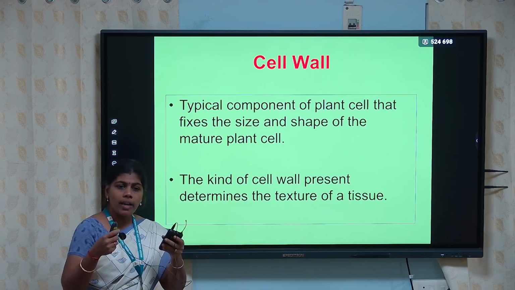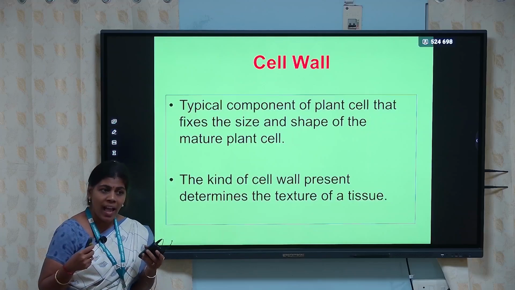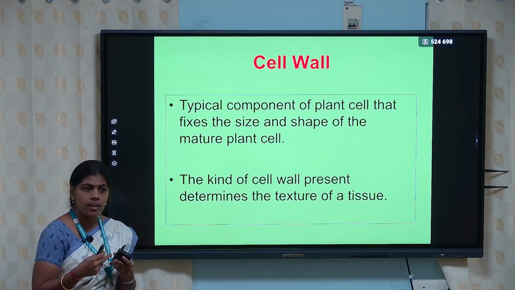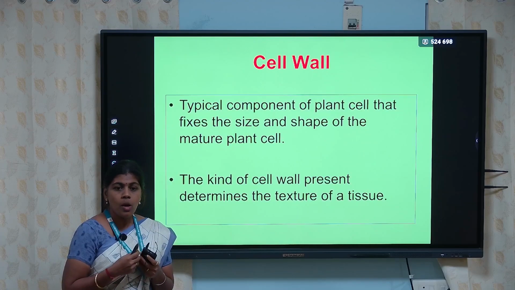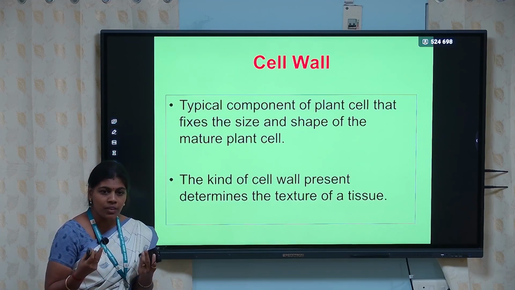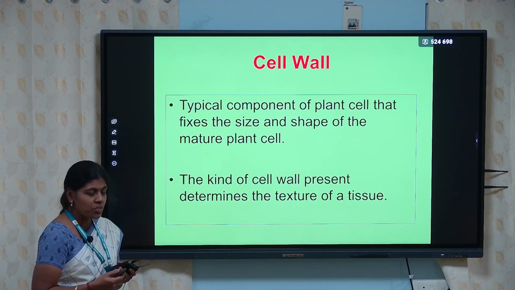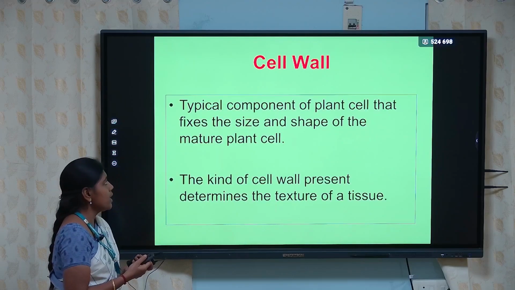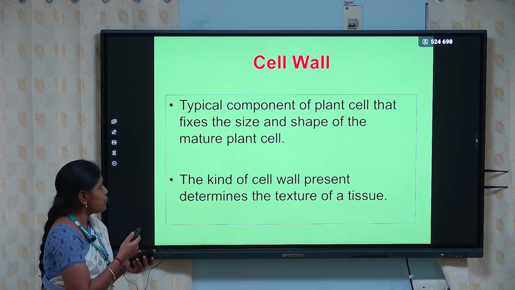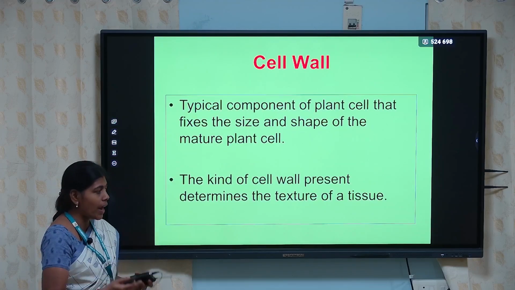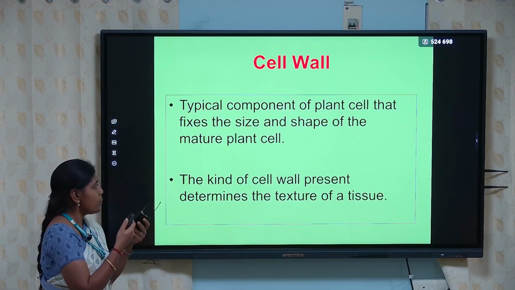Can you imagine if a cell doesn't have a cell wall? What would happen? We wouldn't have the shape. The plant cell wall, the typical component of the cell, fixes the size and shape of the mature plant cell.